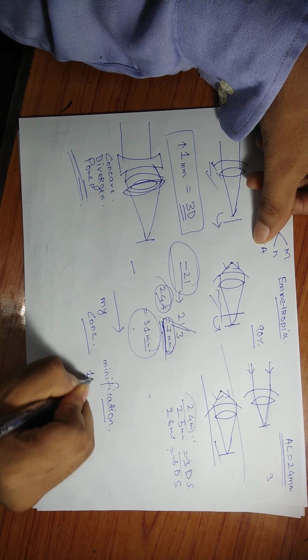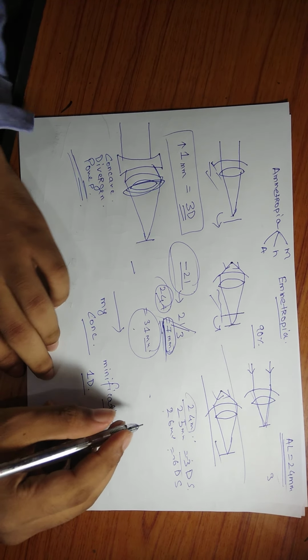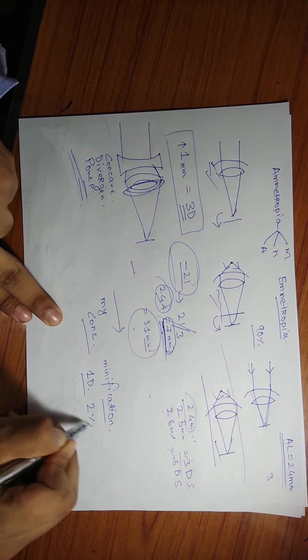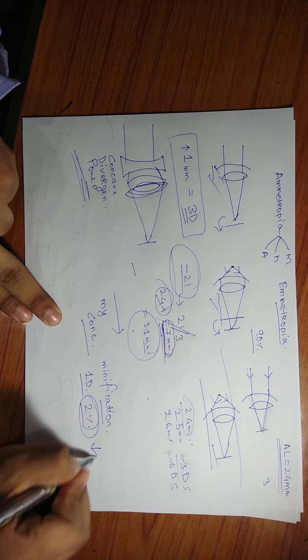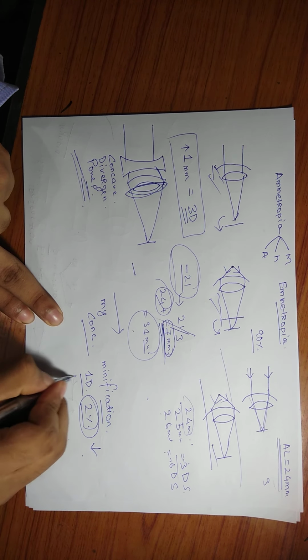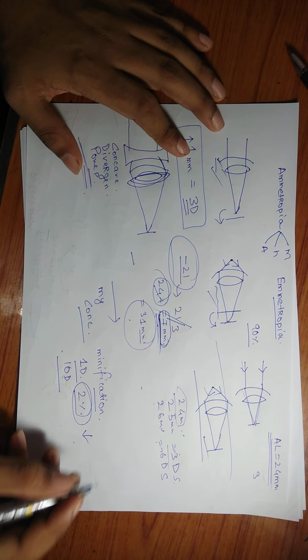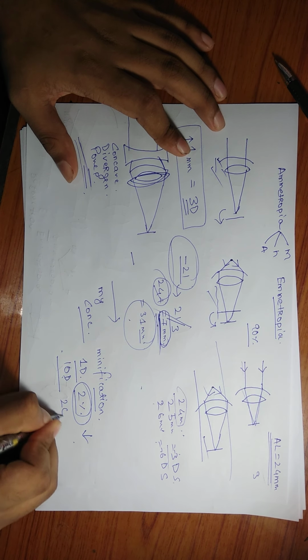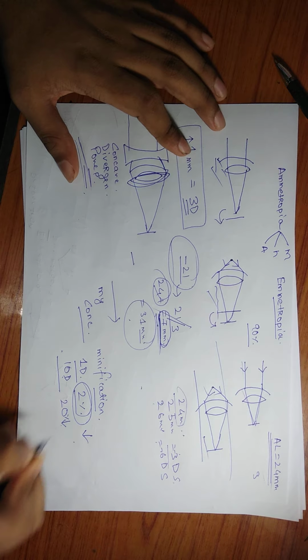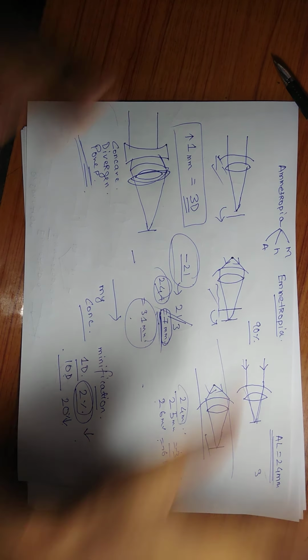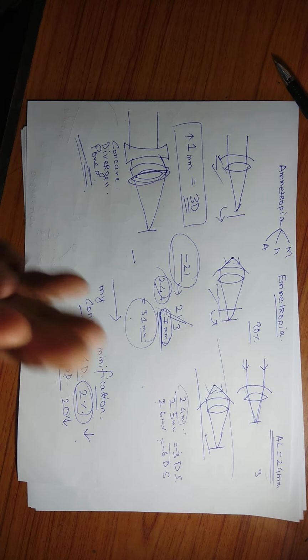Every 1 diopter of concave lens will give you 2% minification. It means the image size will drop. Okay, let's say I am using 10 dioptric power, then the image size will reduce by up to 20%. It's a good amount, 20% the image size will reduce. So this was about myopia, and yeah, thanks.